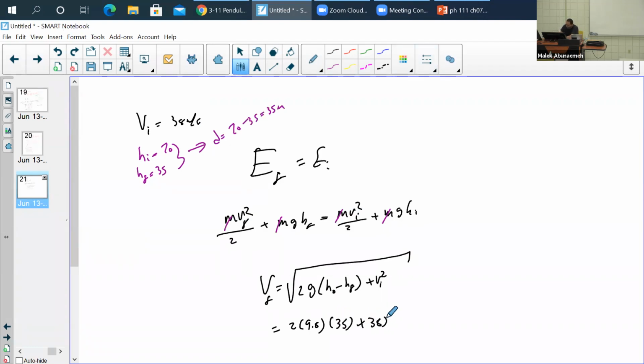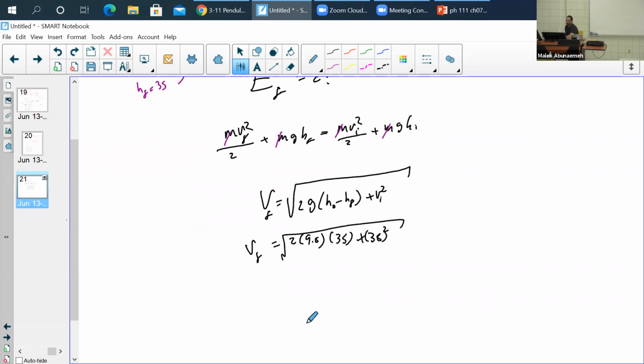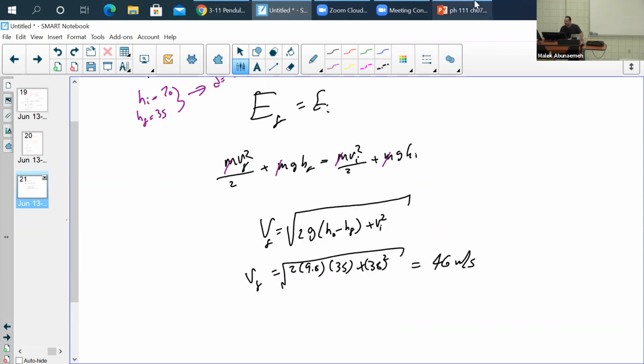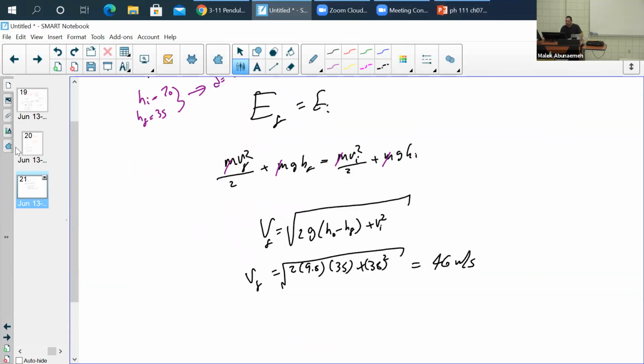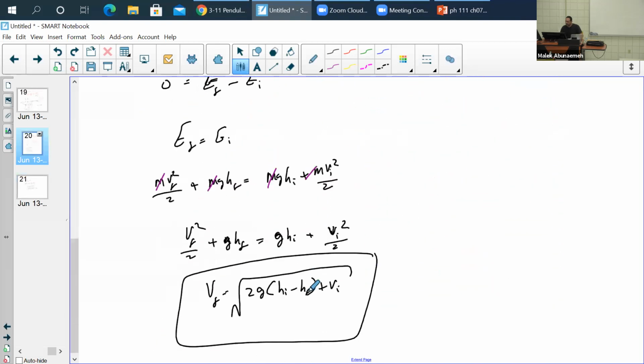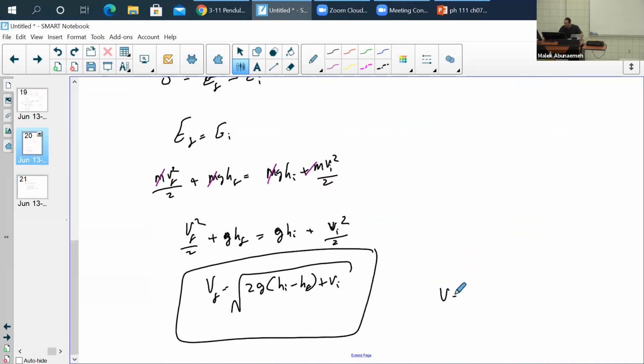Plus your 38 squared, all under the square root. Let me plug this in my calculator. And we should get 46 meters per second. Yep, we got 46 meters per second. Now notice that when we drop the equation, remember we had v equals square root of 2gh, where your initial velocity was 0. So just something to think about.